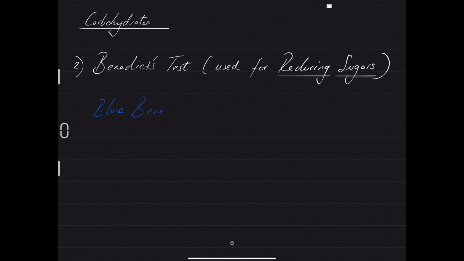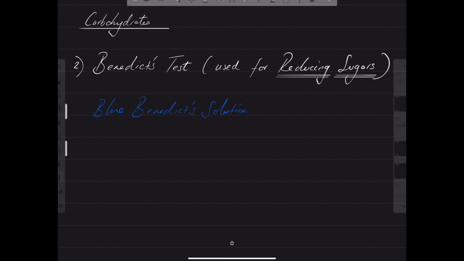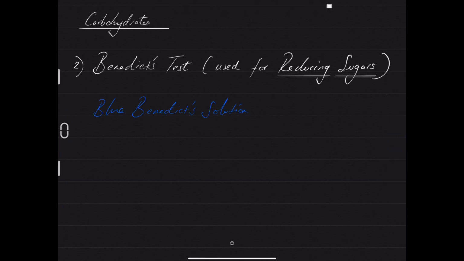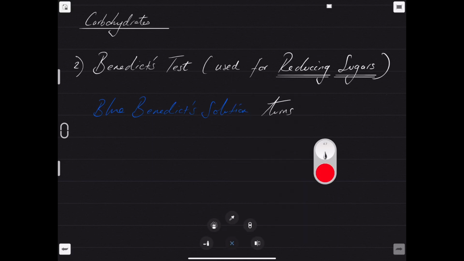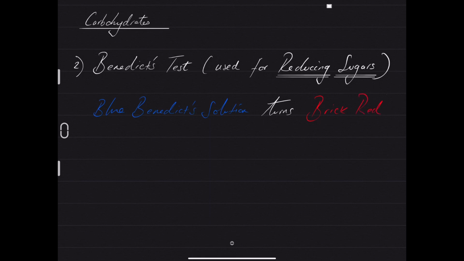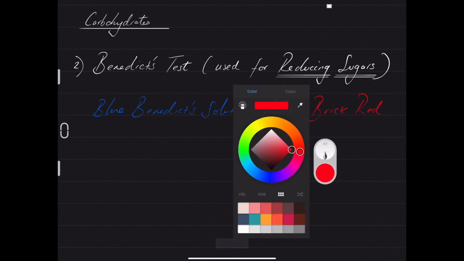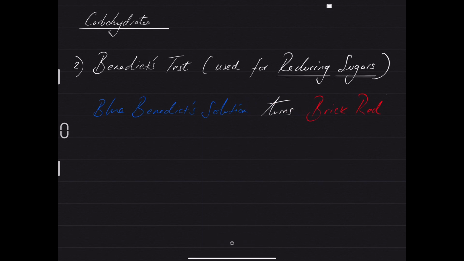So what we say is blue Benedict's solution turns brick red, and the condition is brick red on heating.